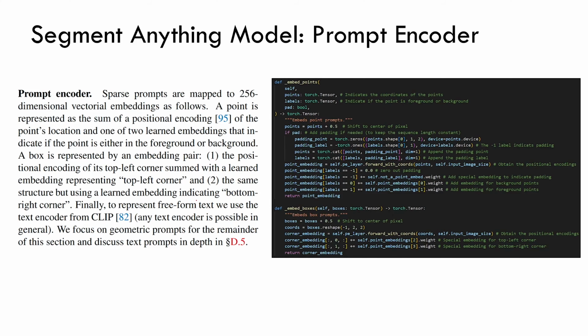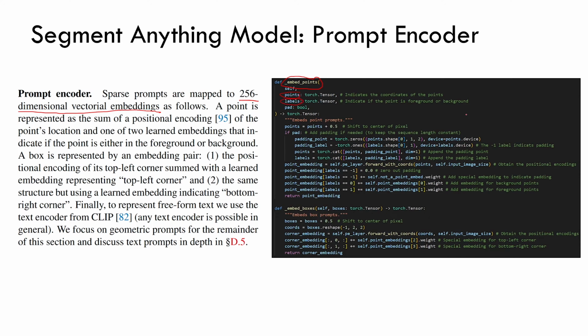Here we can see that basically they take the sparse prompts and they are mapped to 256-dimensional vector embeddings. Basically here is how we encode the points. We have the points and then we have labels.